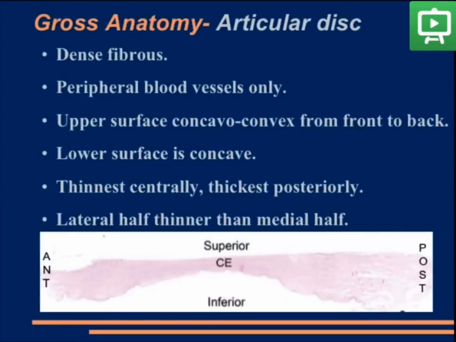Finally, the articular disc is a dense fibrous tissue. It has a blood vessel supply from the peripheries only, not in the center.